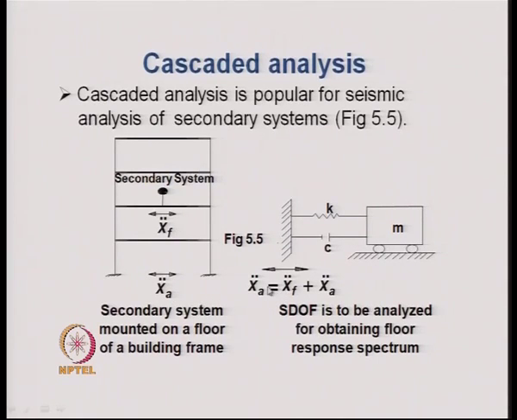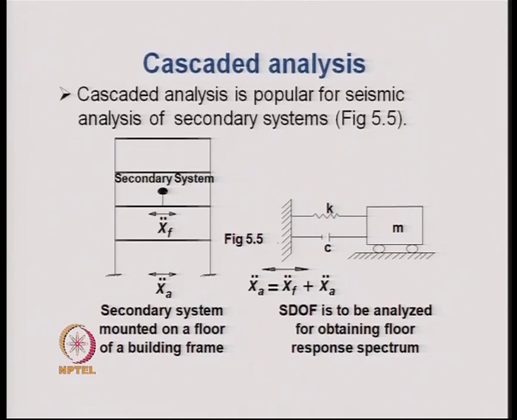The absolute acceleration at the floor is equal to the acceleration of the floor with respect to the base, and the ground acceleration is added to it. It will not be A, it will be G. X double dot G is the ground acceleration. So, X double dot A is the absolute acceleration of the floor, and X double dot G is the ground acceleration.